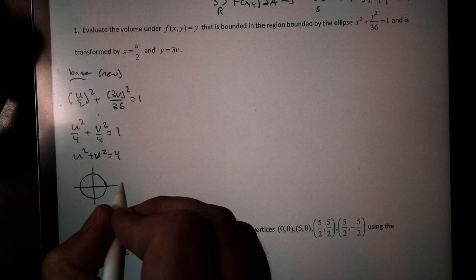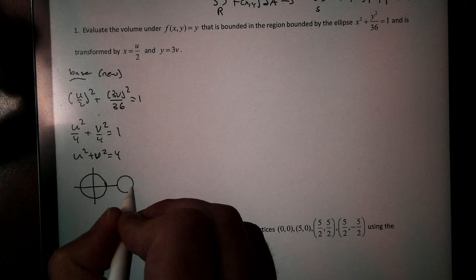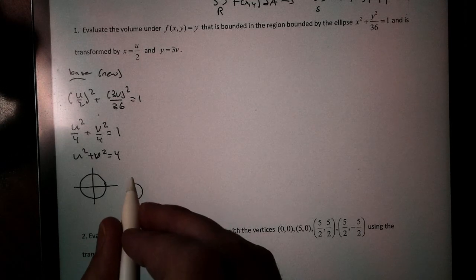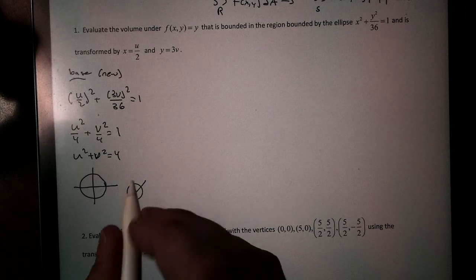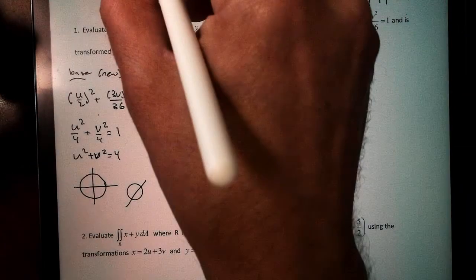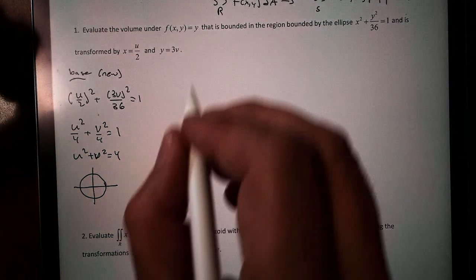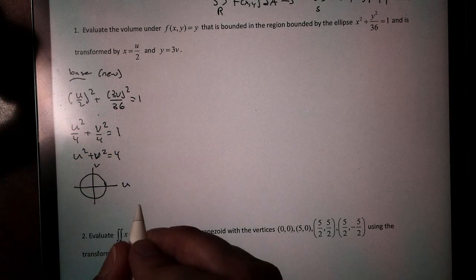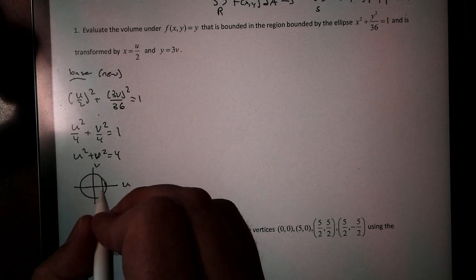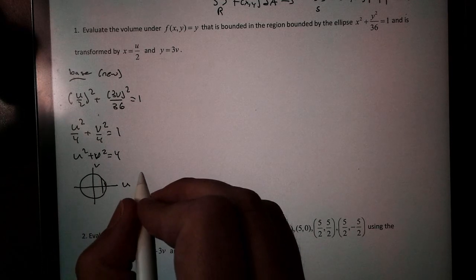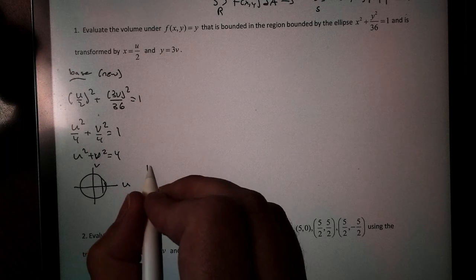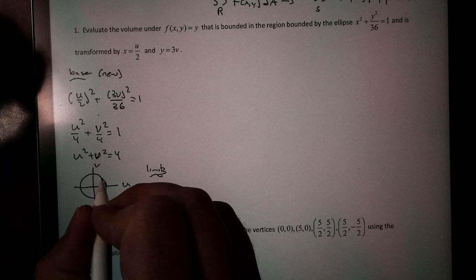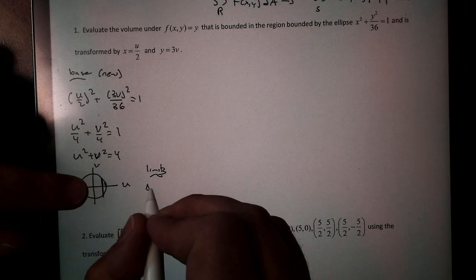So if I look at my circle, remember from yesterday, the previous video, we're going to let the x-axis be u and this axis be v. And I can write this equation of our circle. I can get my domain, my limits for this. Again, I'm going to draw a vertical rectangle. Well, my vertical rectangle is dealing with my change in v.